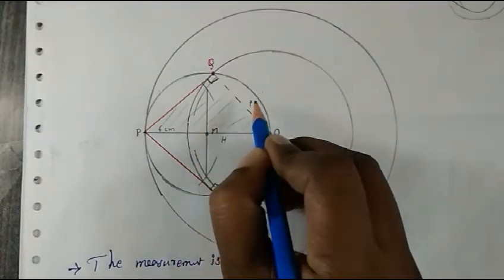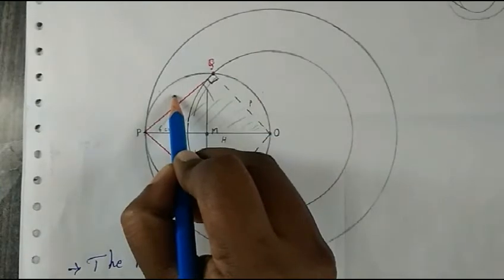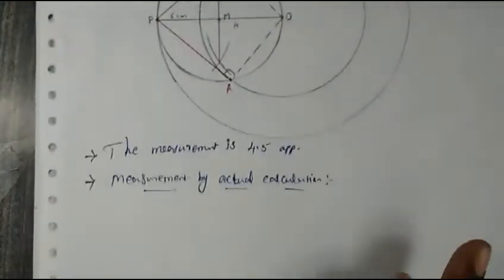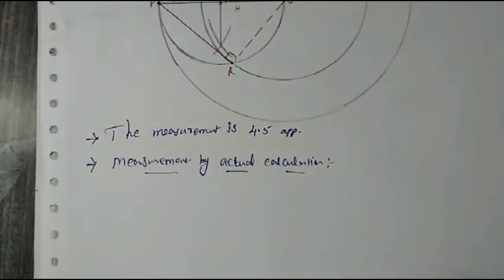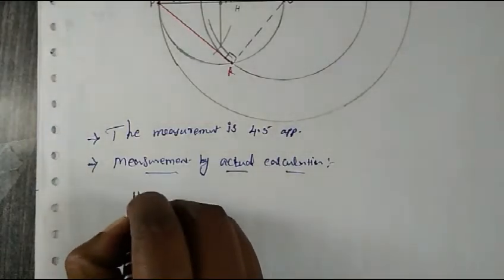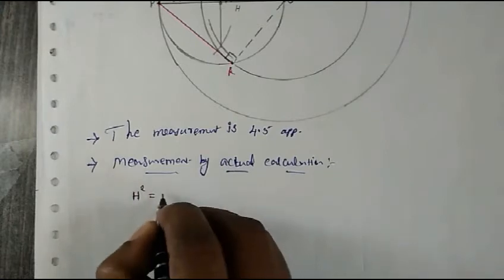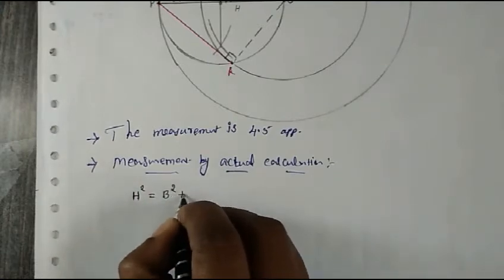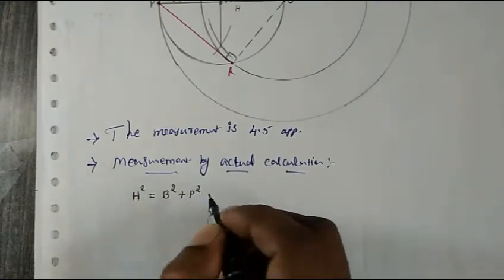This is perpendicular, and this becomes the base. So we use the Pythagoras theorem, that is hypotenuse square is equal to base square plus perpendicular square.